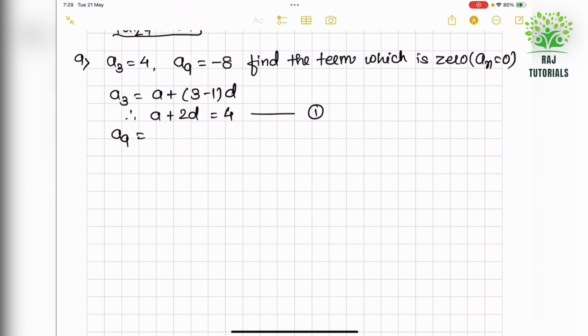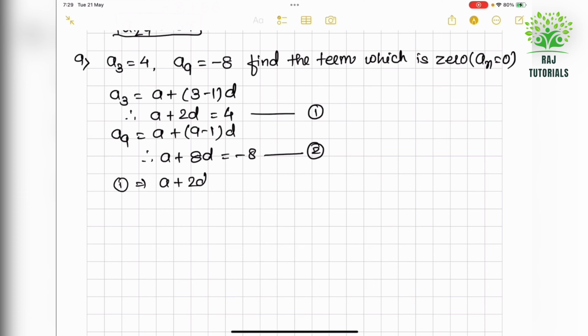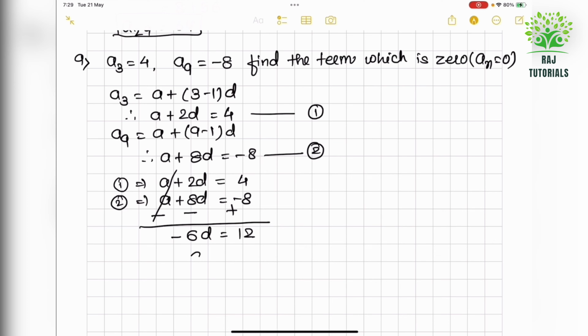Similarly A9 is A plus 9 minus 1 D. So therefore A plus 8D is minus 8, this is 2. Now solving them, subtracting them, A got cancelled, minus 6D equal to 4 plus 8, so 12.